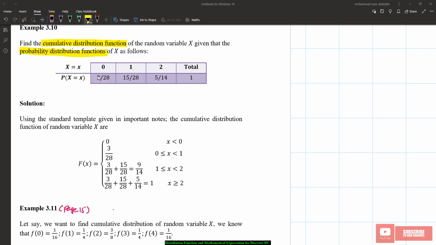So this here is the probability of X equal to 0, this is the probability of X equal to 1, and this is the probability of X equal to 2.